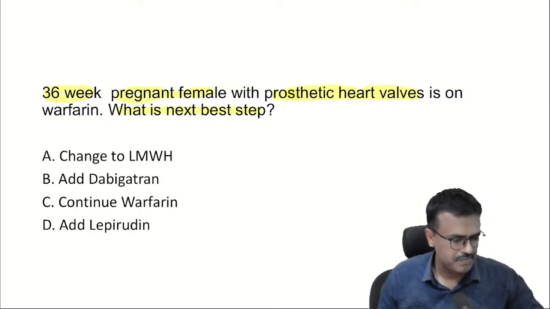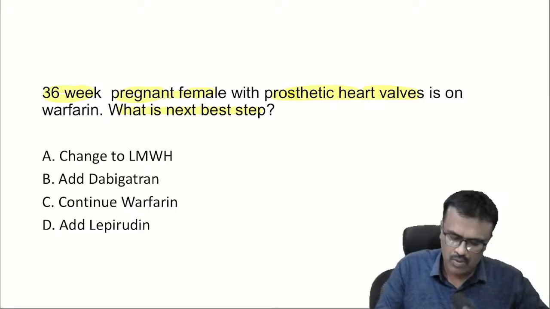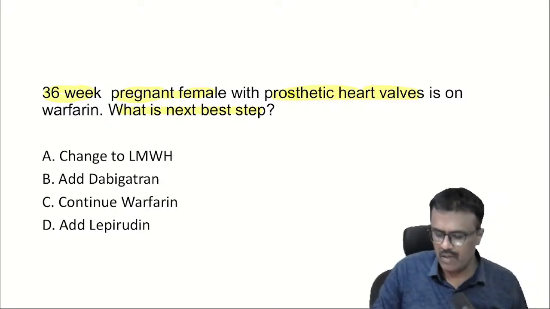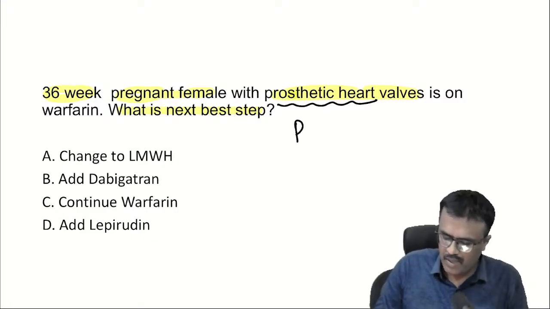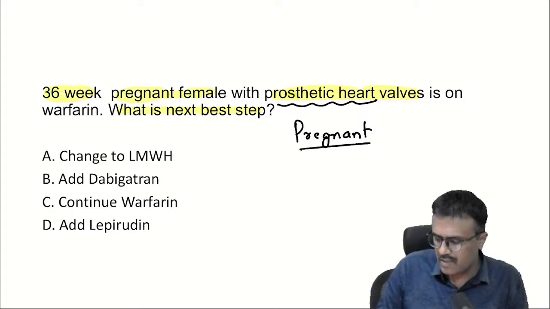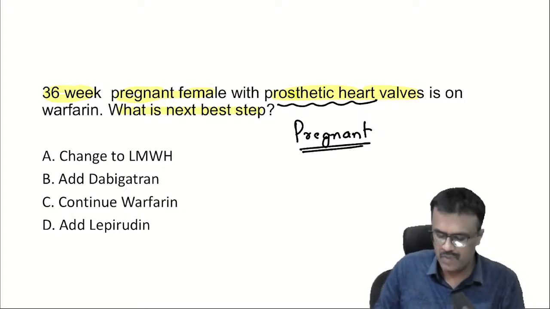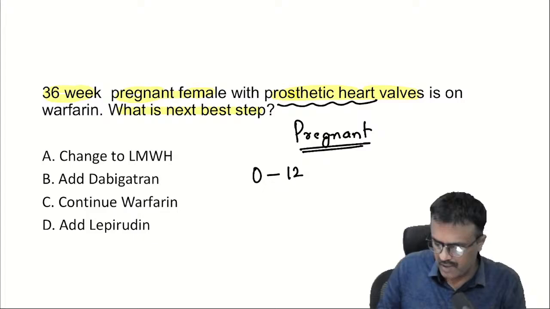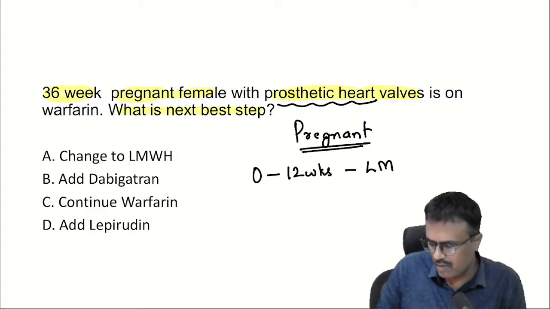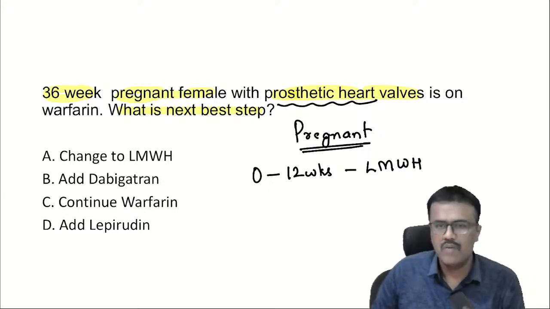Now, how to do this anticoagulation, particularly in heart valves in pregnant women? In pregnant women, we need to understand the risk of teratogenicity. From 0 to 12 weeks, the first trimester, we can give low molecular weight heparin, which is an injection.